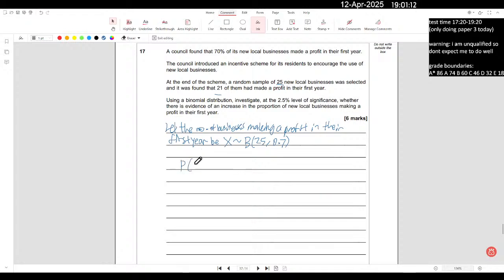Okay, we'll just do the probability that X is greater than or equal to 21, and see what that gives us.